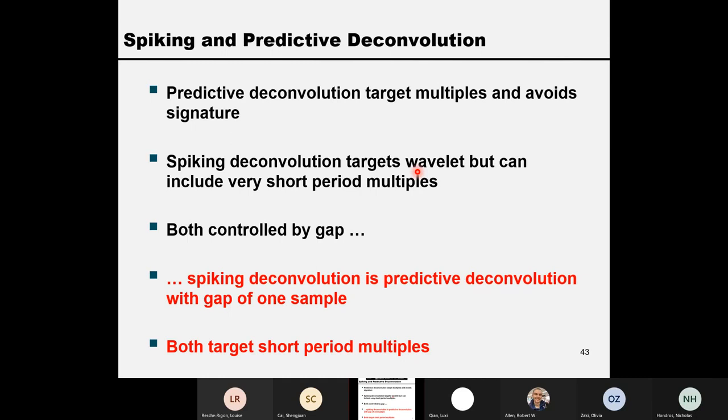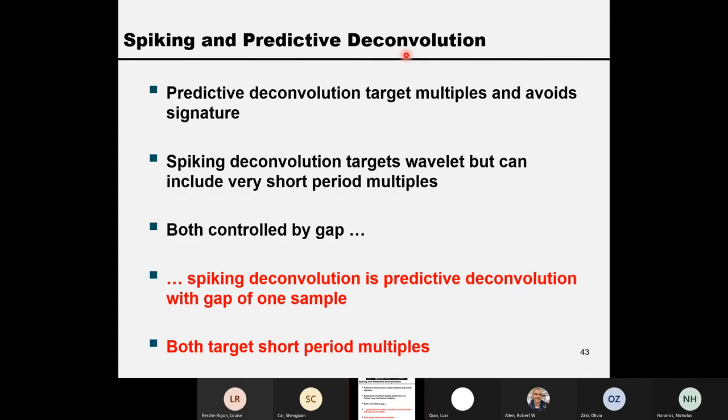Including the subsurface effect. That is called spike decon. It tries to basically narrow your source signature, narrow your wavelets. And it can include short period multiples, but that's not the key point here, right? And those two, although we call them two different deconvolutions, in the software they are actually a single program.